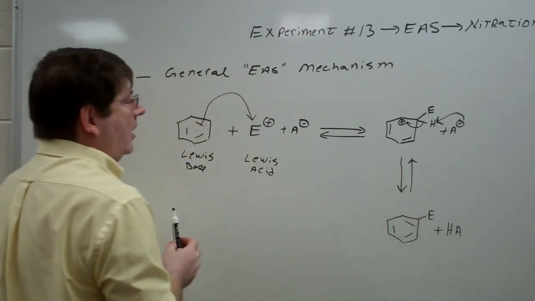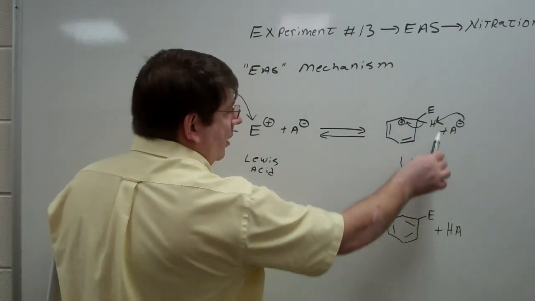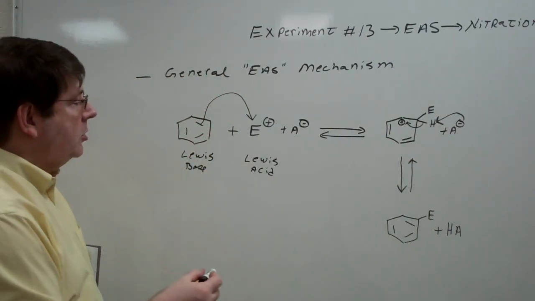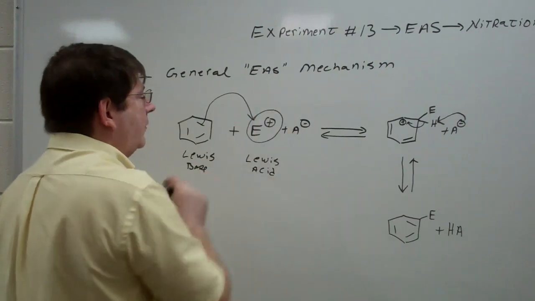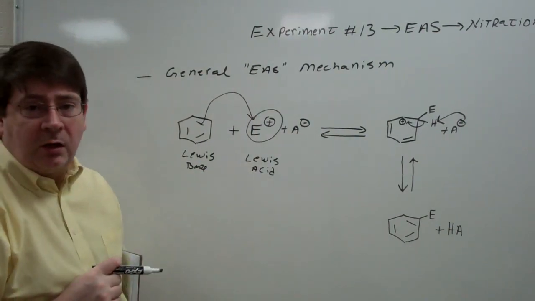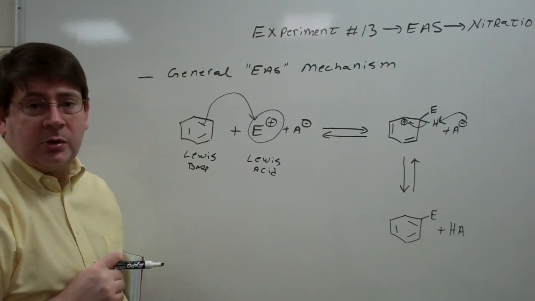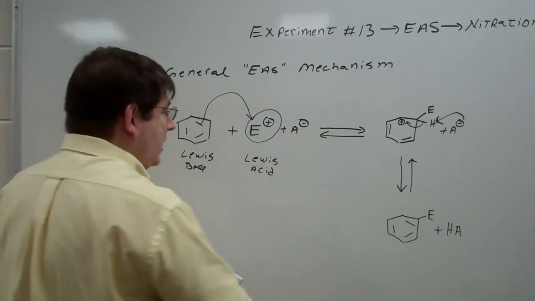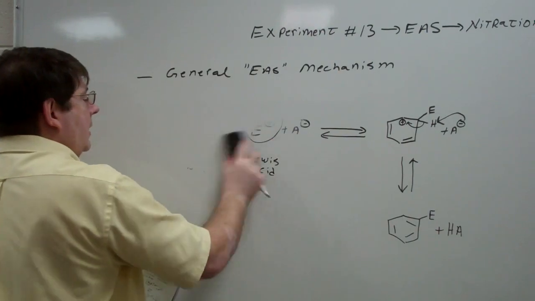And so basically what we've done is we've substituted the electrophile for the hydrogen at that carbon using this mechanism. And we can use a whole series of electrophiles. We've talked about these in class, but in this particular laboratory we're going to use NO2+, so we're going to do a nitration. And so we need to know how to generate NO2+.